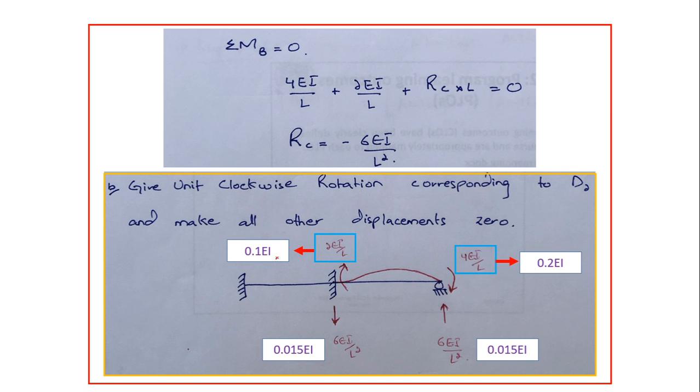Here in the next step, I have to give this rotation. So make every other thing fixed and give it the clockwise moment. If it is a clockwise rotation, this would be clockwise as well. This would be 4EI by L, this would be 2EI by L, and the load here would be downwards, anti-clockwise applied, 6EI by L square.